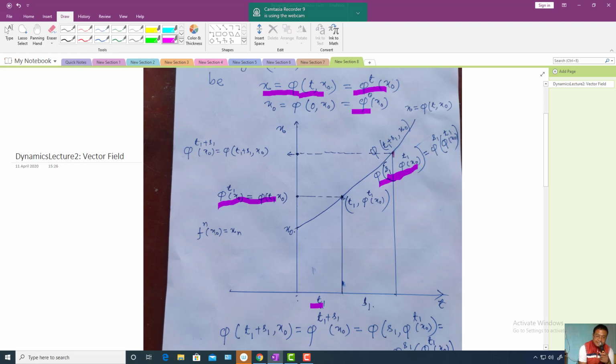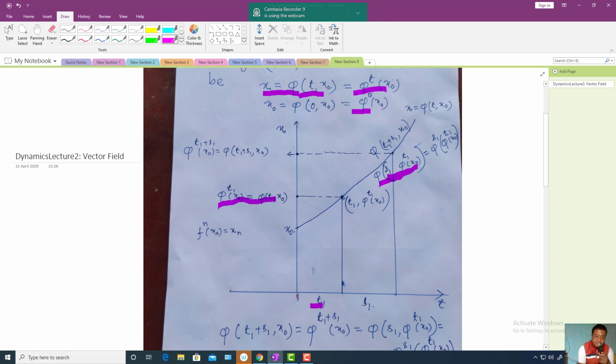Then again, from here to here is t1 units, and from here to here is s1 units. Then starting from here to here, how much time is there? t1 plus s1 units of time.